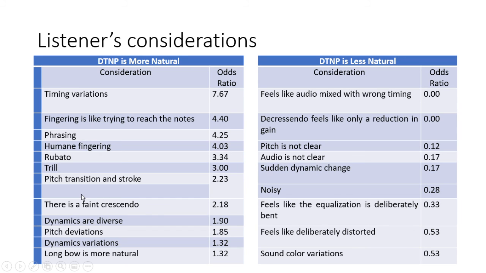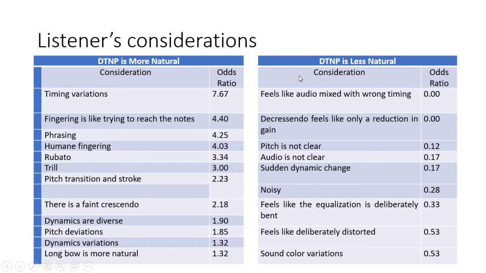So here, everything is more natural, except the mixing. Only a reduction in gain. This means that the timbre doesn't follow the decrescendo. And then the timbre does not show the pitch clearly.